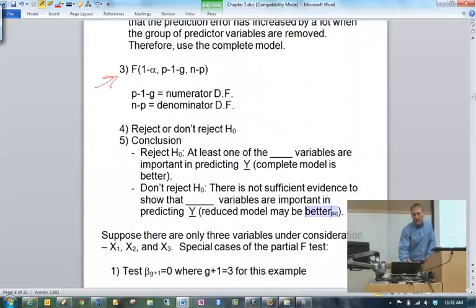Of course, again, how large does F star need to be in order to say, yeah, we have sufficient evidence to indicate that at least one of these other predictor variables is important? Well, that's where a critical value comes in, as it does in every other hypothesis test. Take the 1 minus alpha quantile from the F distribution with numerator degrees of freedom p minus 1 minus g.